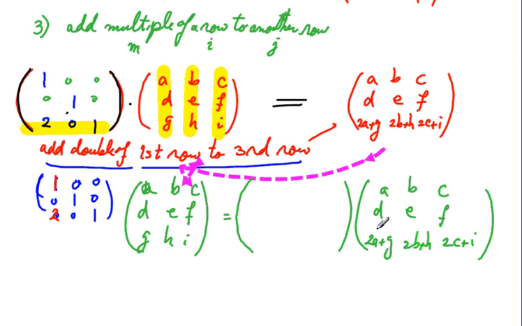While undoing this damage, how do I undo it? I want to get rid of the 2A and the 2B and the 2C. I have to take a copy of this to add to the third row to get rid of all this yellow stuff. What multiple of the first row should be added to the third row to do that job? Yeah. So opposite of adding double is subtracting double, same principle as before.